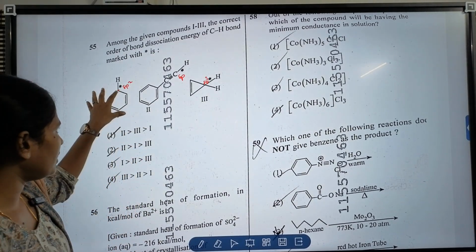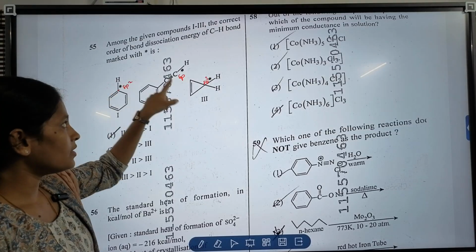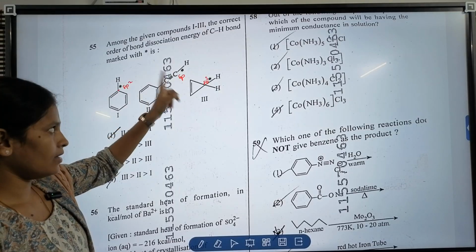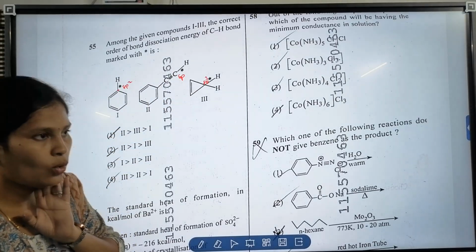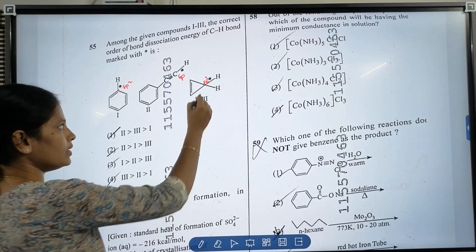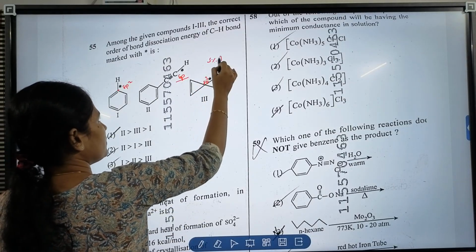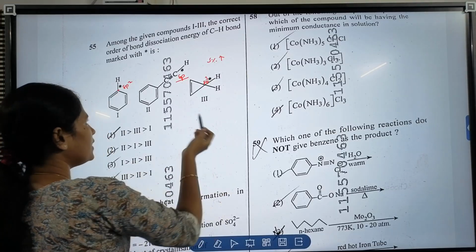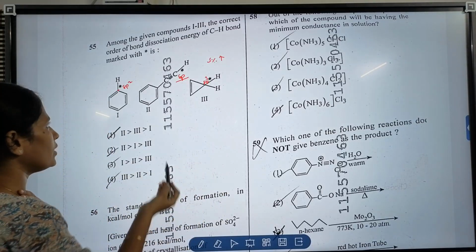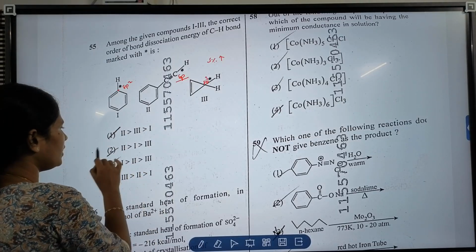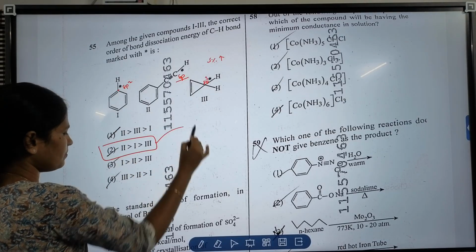Here it's aromatic with H directly attached, here the alkynic carbon is attached, and here the normal cycloalkene, which is sp3. So it's very simple: the more the s character, the more stable the bond. So the order is second, then first, last third. So we can go with the second option.